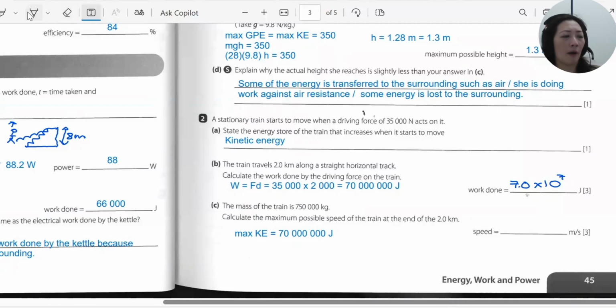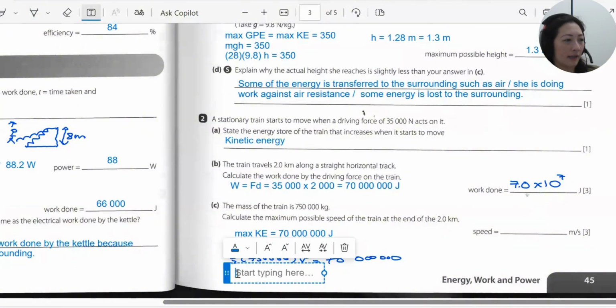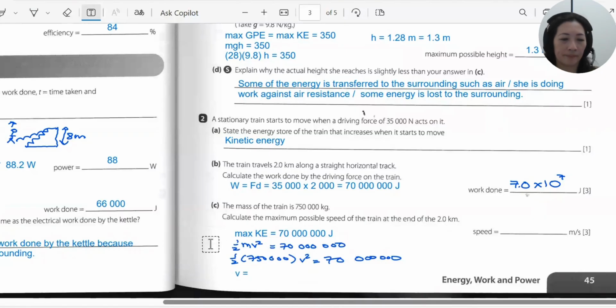Now the formula for kinetic energy is half mv squared. This will be equal to 70 million. Then let's substitute. m is given as 750,000. v is unknown. So from here, let's solve this. I'm going to use my calculator.